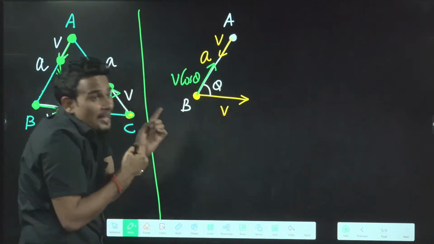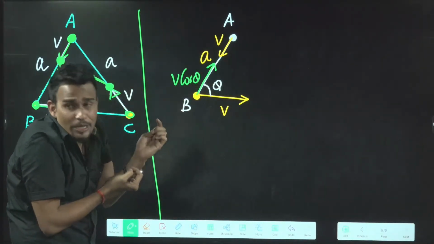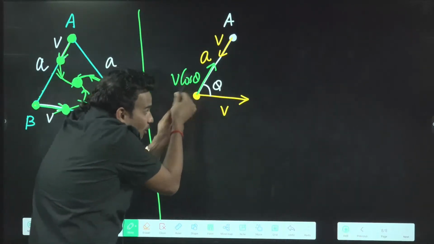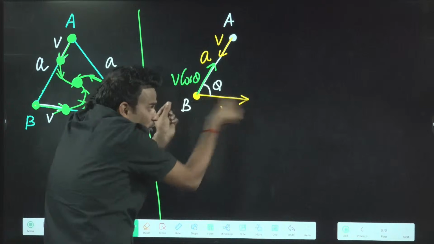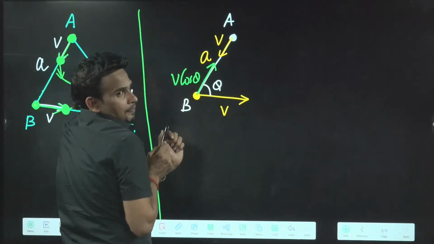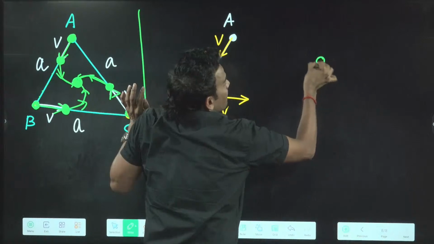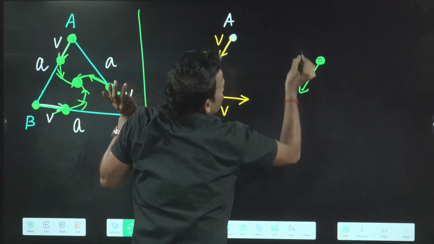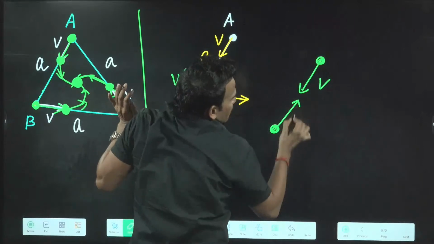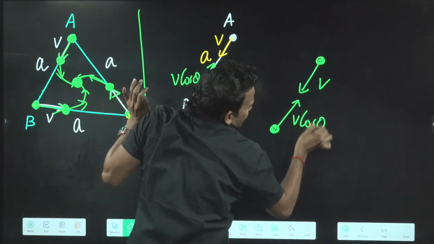Look carefully: not only is A coming towards B, B is also going towards A by one component. His velocity is towards C, but one component is also towards A. That means the question is simply A coming towards B with V, and B going towards A with speed V cos theta.